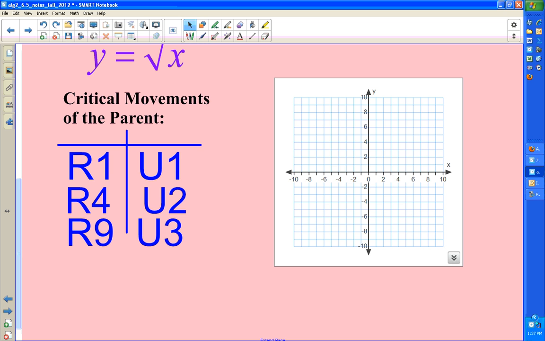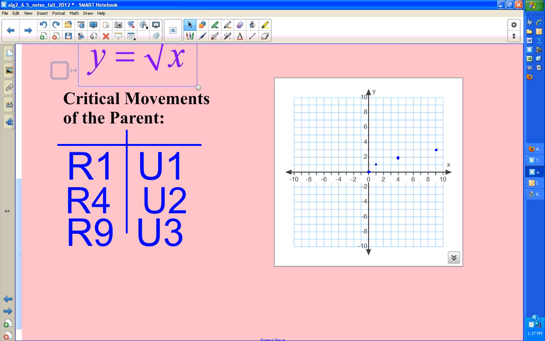Yeah, me either. How about root 4? You know that one? Piece of cake, right? You want to remember right 4 up 2 or right 3 up 1.7? So if you stick with these from the origin, those critical points make it much easier to graph.